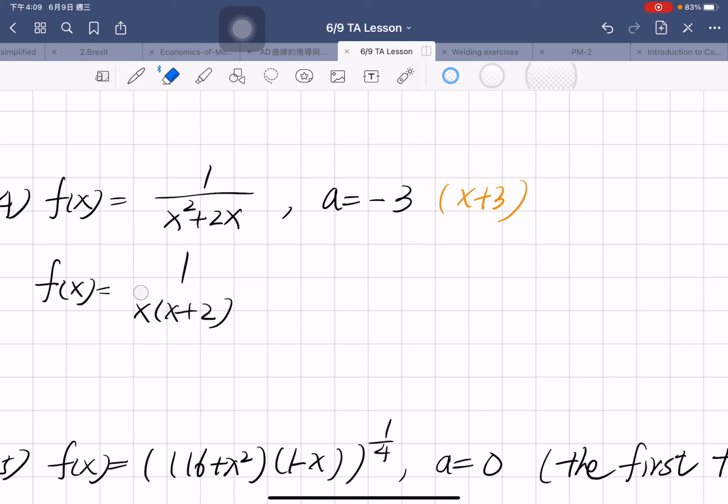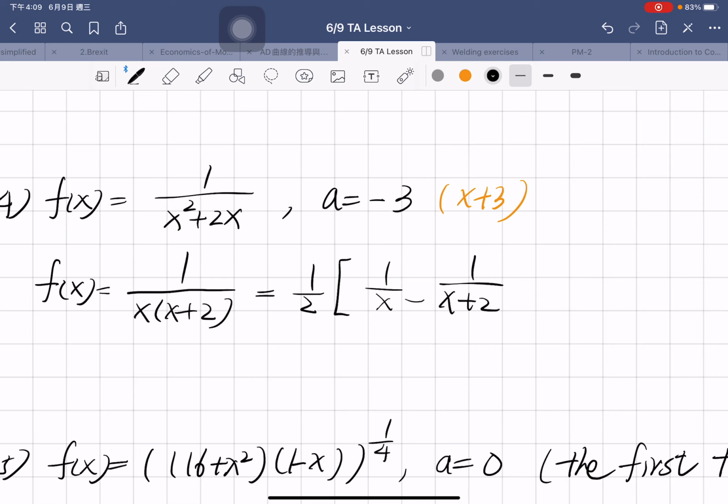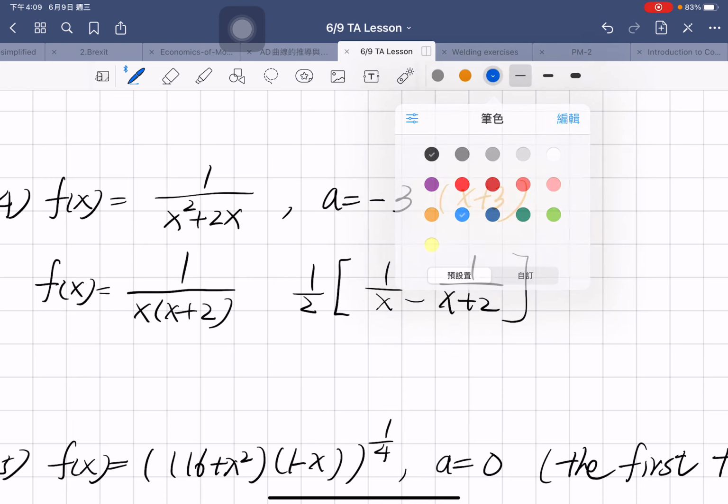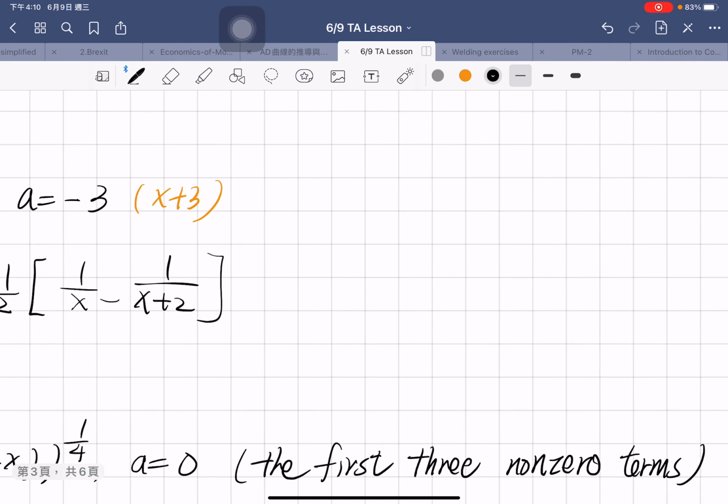Okay, so a very important skill in this session is when you see this kind of term, you know to change it into this one. Okay, so this is the key point. When you know how to turn it into this one, everything becomes simple, because now we can do the things we want, right?